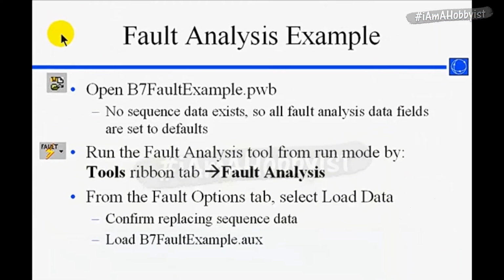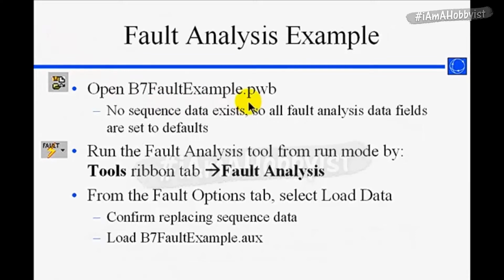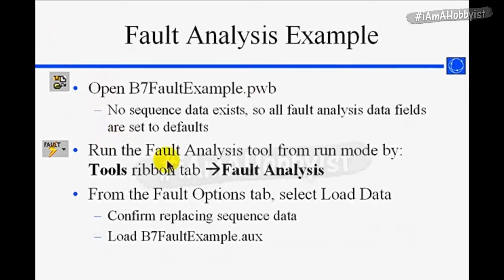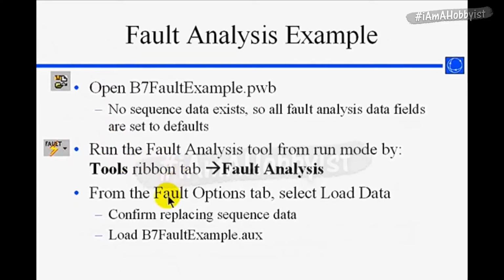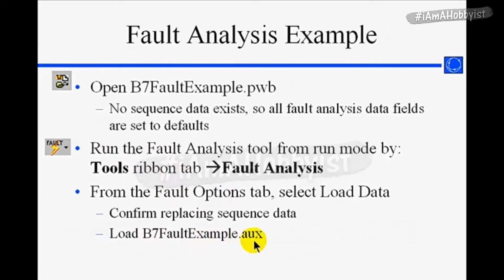This explains the example that we demonstrated using the bus fault in the B7 fault example case. So we open the case, then open the fault analysis dialog, and then on the Options tab, we loaded the B7 fault example.aux file.